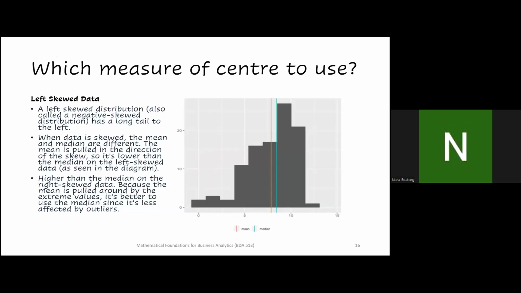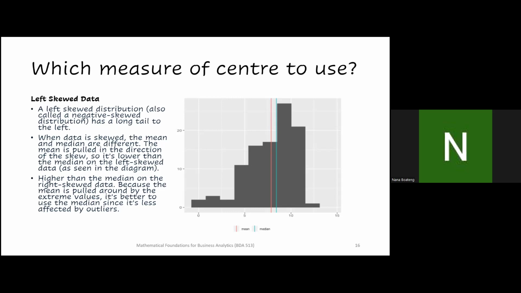If it's asymmetrical or left-skewed, it has a long tail to the left. Use that to remember left-skewed data. Because it has a long tail to the left, most of the data is drawn to the left.